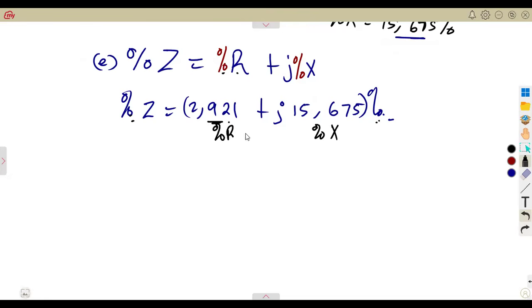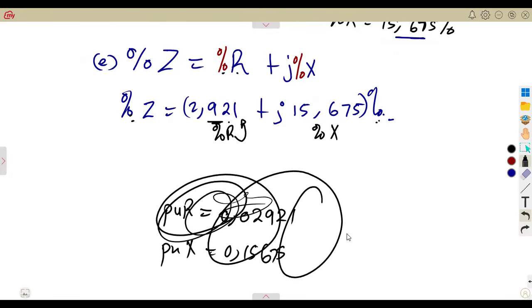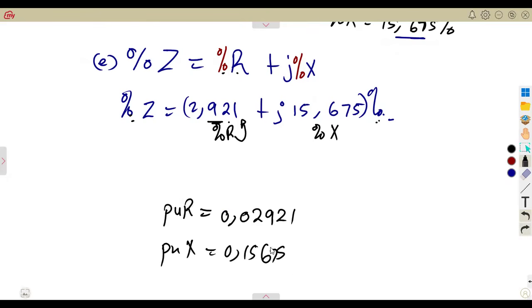So from percentage resistance, you obtain per unit resistance by dividing by 100. So it will be 0.02921. Per unit reactance, you divide this, so it will be 0.15675. If now you want to use these values, maybe per unit resistance and per unit reactance, to calculate another thing, I'm just saying later on in another question, they can give you as a percentage.